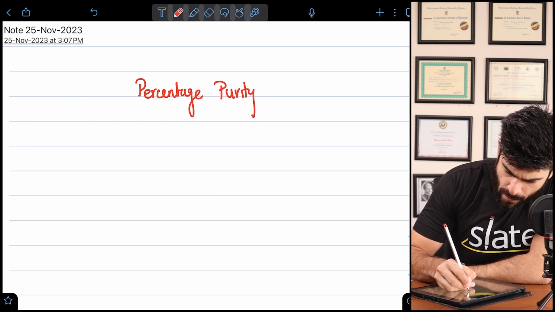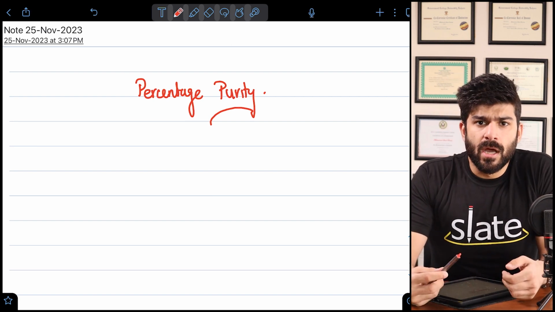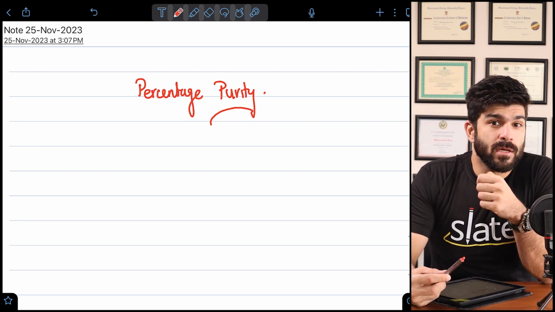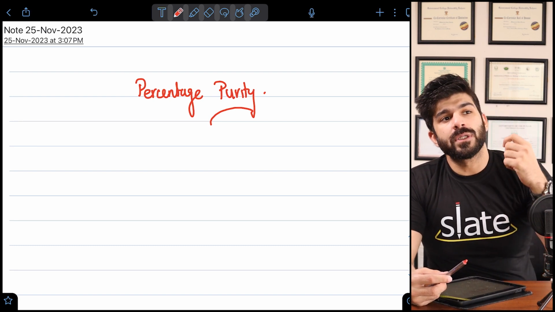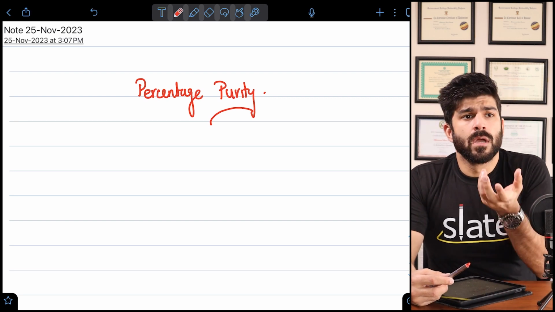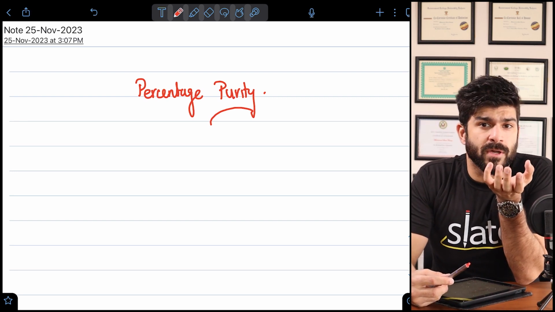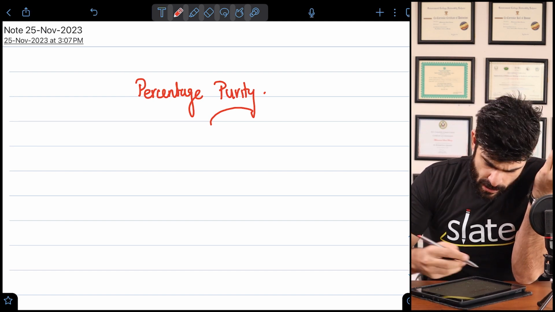percentage purity. So students, whenever you buy something from the market, it does matter how pure it is, how much of the pure substance is present in that thing. For instance, you're getting a stone out of somewhere, for example, limestone.